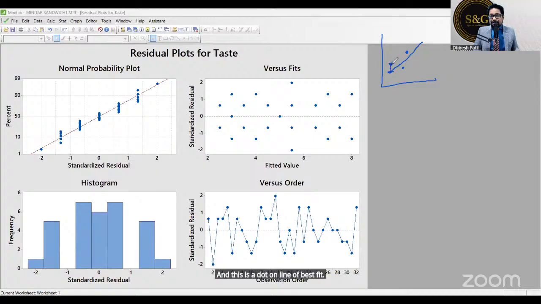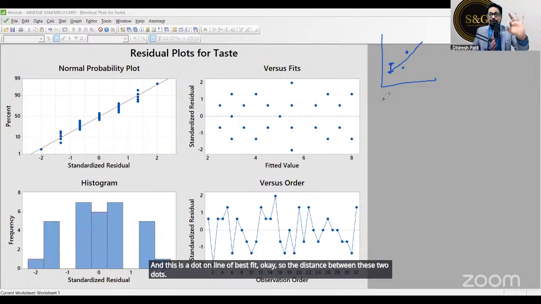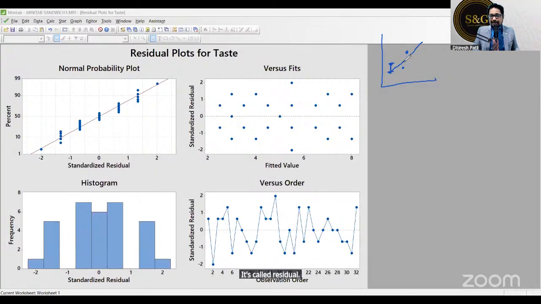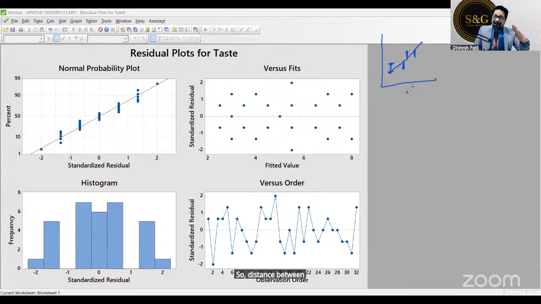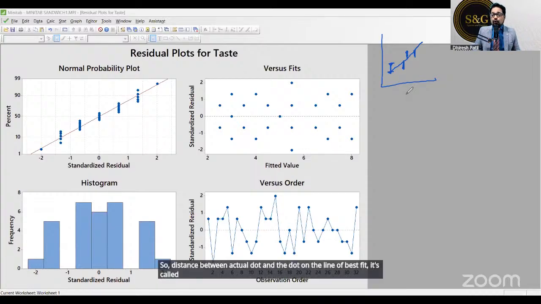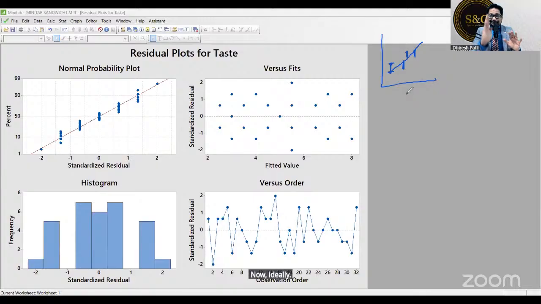The distance between these two dots is called the residual. This is a residual, this is a residual, etc. So the distance between the actual dot and the dot on the line of best fit is called a residual. Now ideally the line of best fit passes through them and the residuals should be symmetrically distributed.